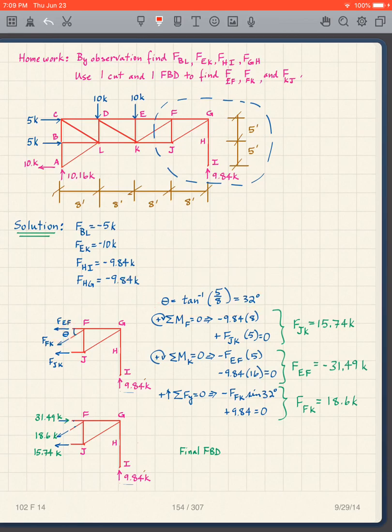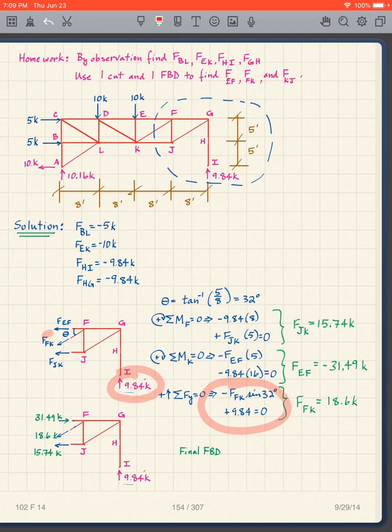And then I can take moments about K. That gets rid of these two, and I can find FEF. Again, you can do this. I get this value for that. And then I want to get this one, so I take the sum of the forces in the y direction. Again, you should be able to do this.